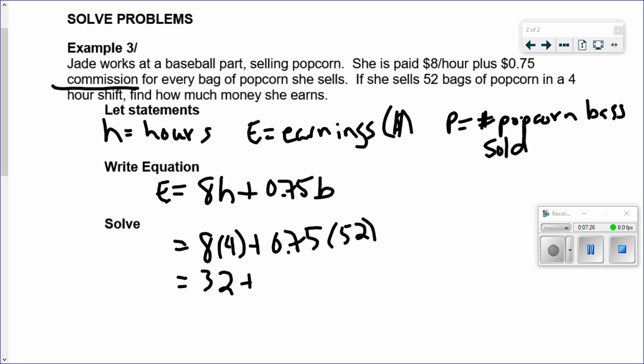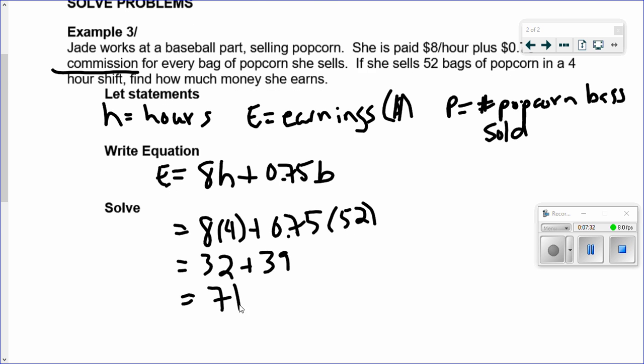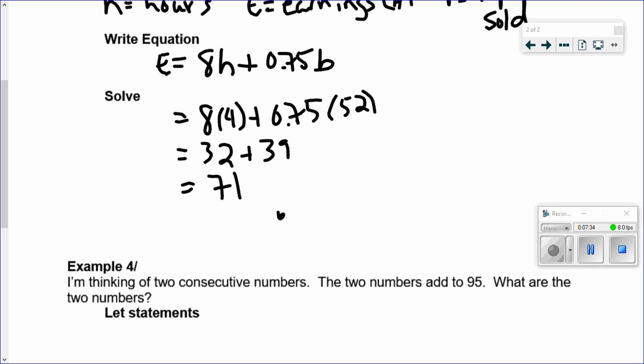It's a word question, so it must be worthy of a word answer. $71 and a 4-hour shift. How's that?